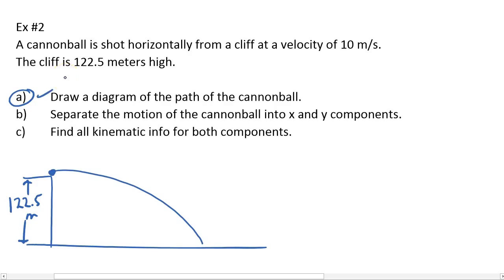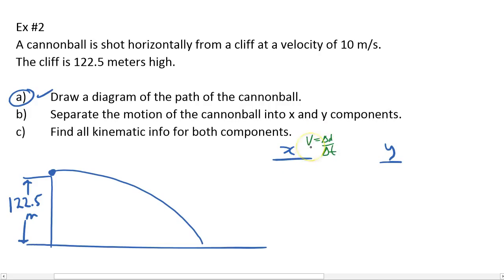Okay, it says separate the motion of the cannonball into X and Y components. Okay, so we'll put an X column here and a Y column there. Now just a reminder that there's no acceleration in the horizontal component, so we are only going to be using V is equal to delta D over delta T. And I want to separate that out.